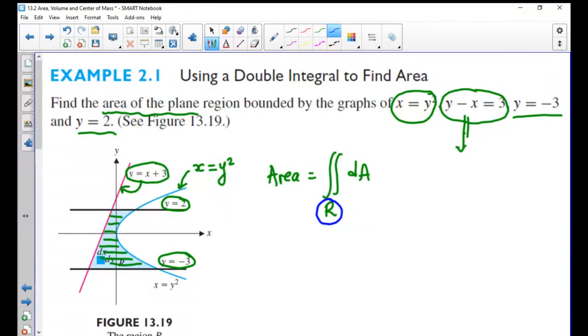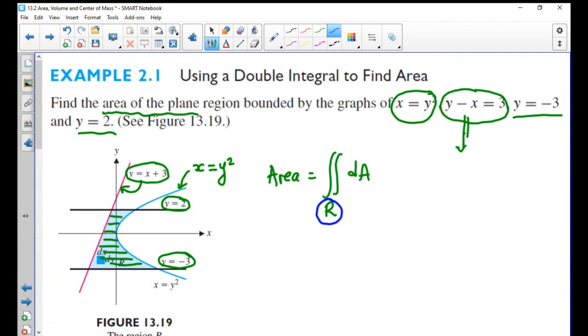From left to right. X equals something on the left to x equals something on the right, and y goes from minus 3 to 2.